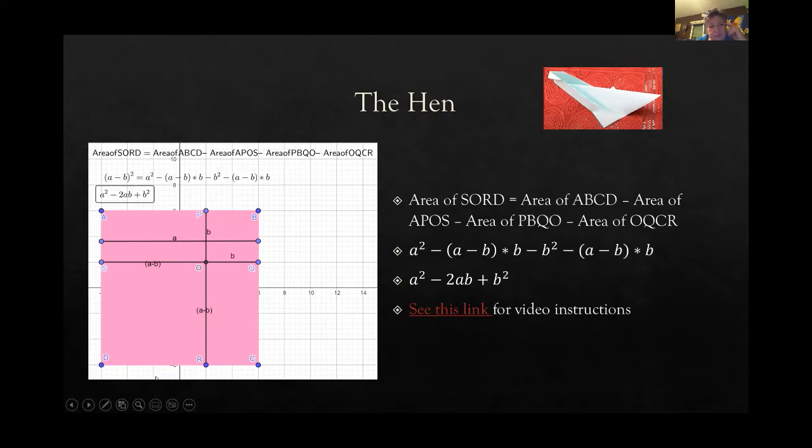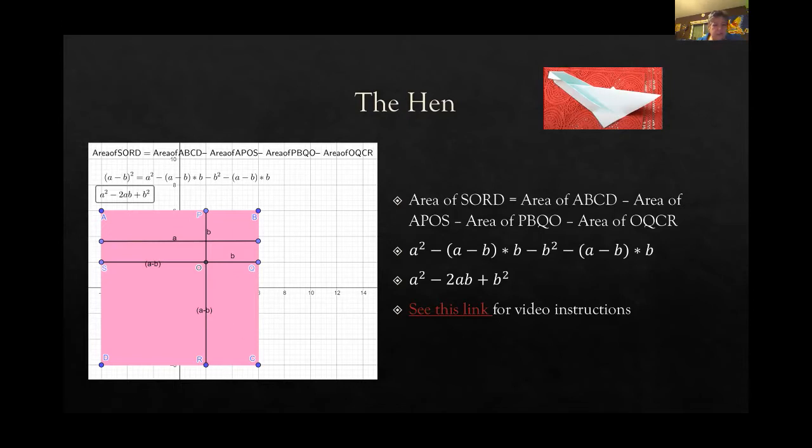So if you look at APSO as an area, that's the value of the A. And on this side, we have the B values. So this would be the B squared part of that fold. The other side, the SORD portion, this is the A minus B squared. And the rectangular area here, OQRC, comes to B times A minus B.